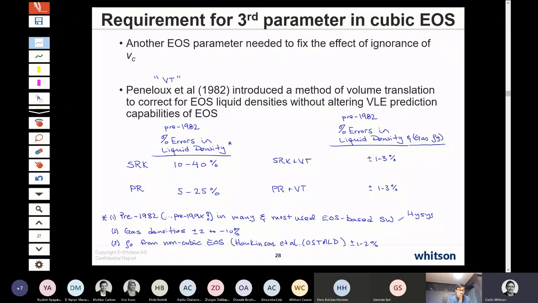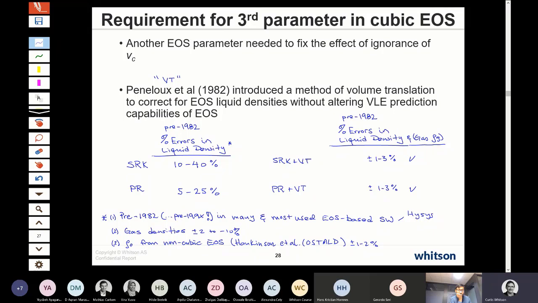So with this, you can now use it both in reservoir modeling tools and pipe flow tools, where you're using the equation of state and need accurate densities because of the gravitational effects, and in surface processing as well. You can use the single cubic equation of state with the volume translation to get the type of accuracy required for engineering calculations.